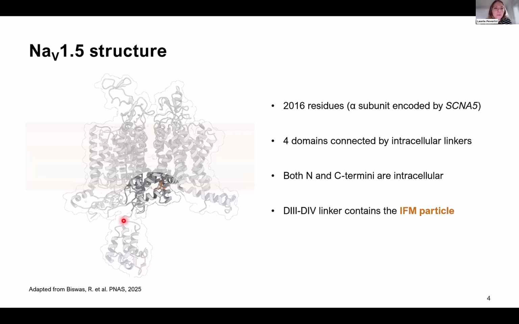Importantly, between the D3 and D4 domains, there is a really important part of the channel, the D3-D4 linker. This D3-D4 linker contains this tripeptide here, which is known as the IFM particle, sometimes also named the inactivation particle. And this part is really crucial for NaV1.5 activity.